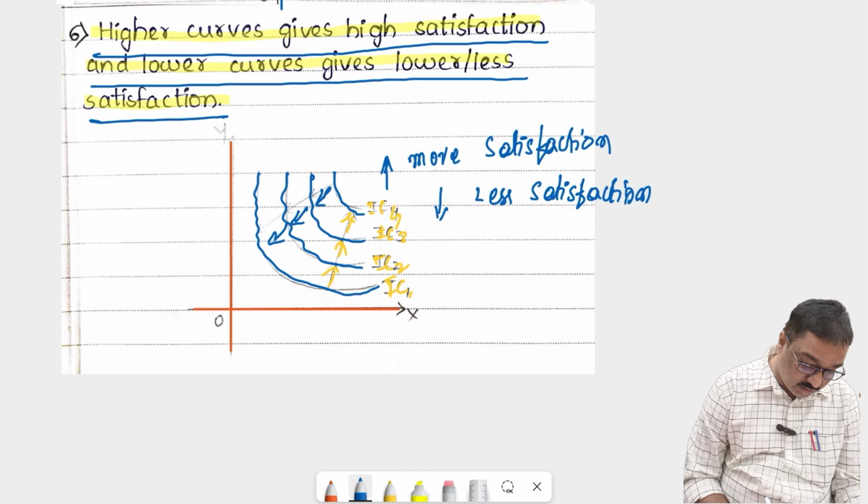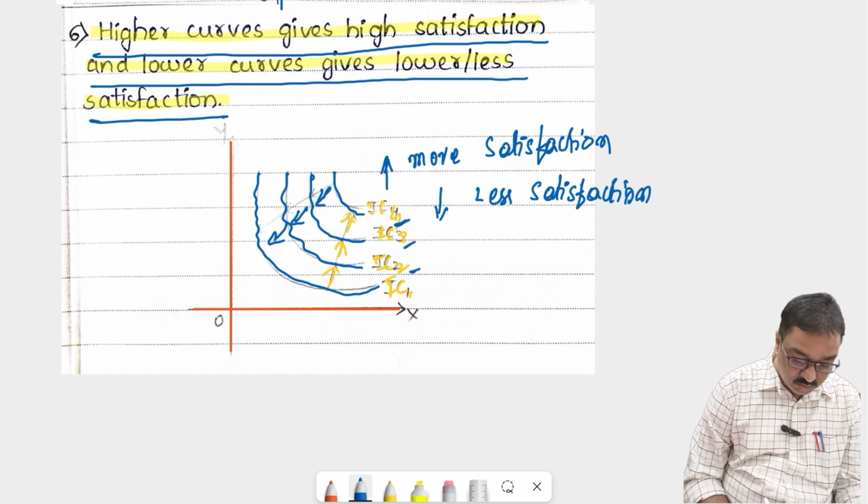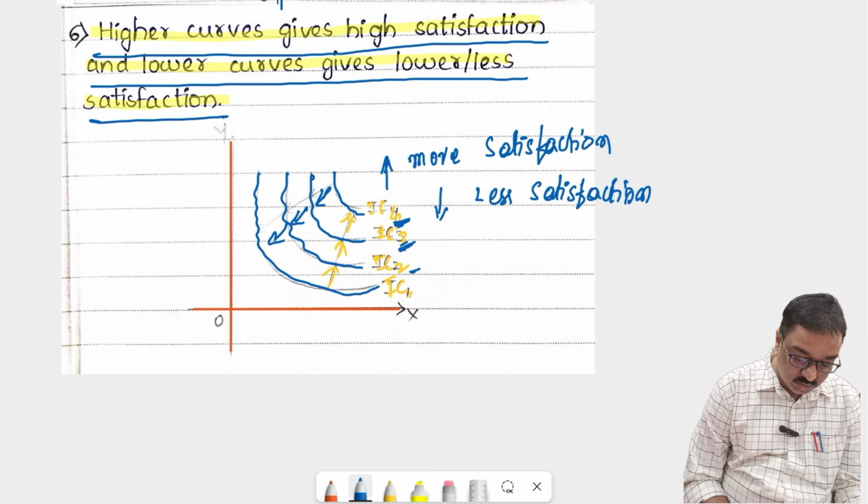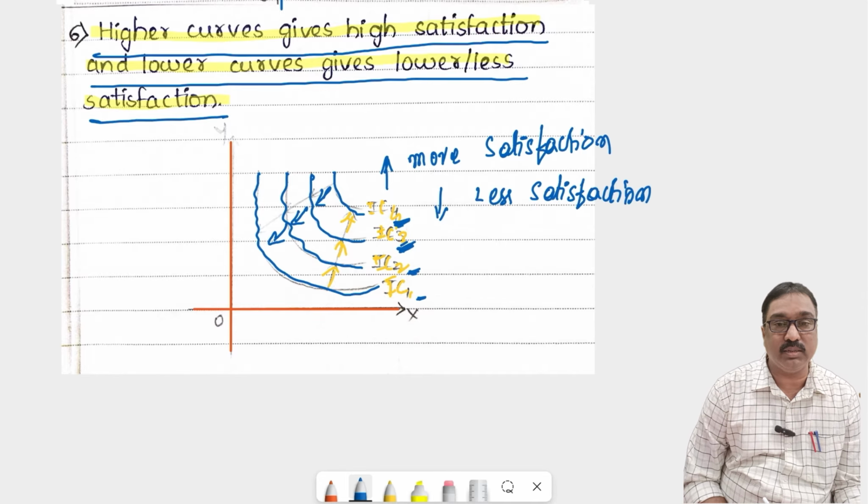IC2 gives more satisfaction than IC1, IC3 gives more than IC2, IC4 gives more than IC3. Moving downwards, IC4 to IC3: IC3 gives less than IC4, IC2 gives less than IC3, IC1 gives less than IC2.